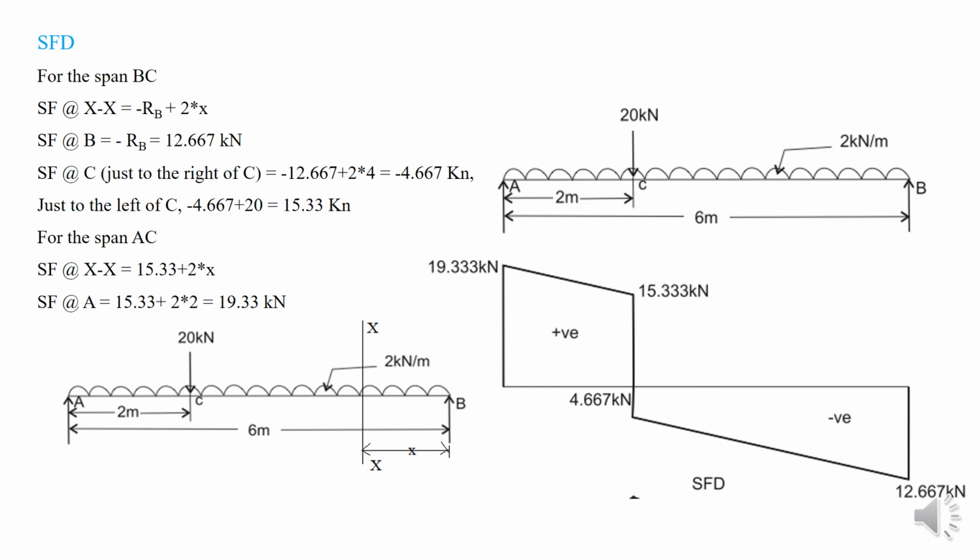So drop a line from B at minus 12.667 here. Now we have to consider the value of shear force at C, that is just right of C, give H equal to 4 meters. So you will get the value of shear force at C, just considering the right of C, as minus 4.667.